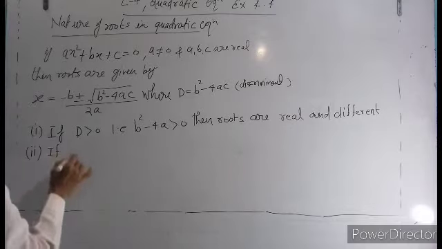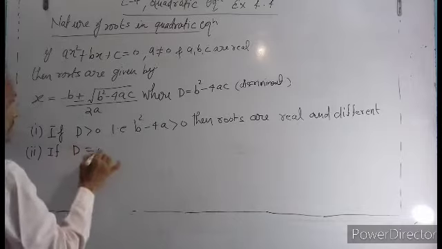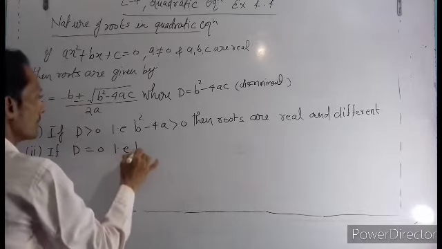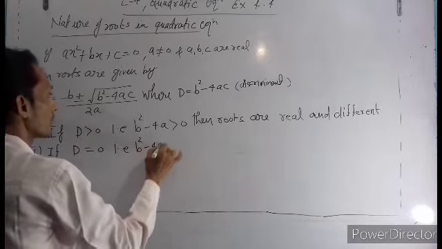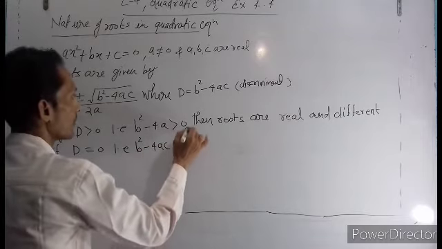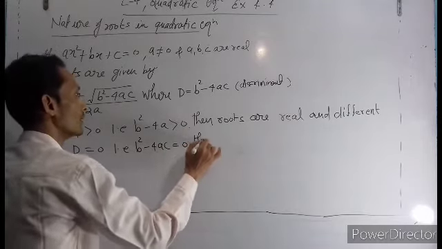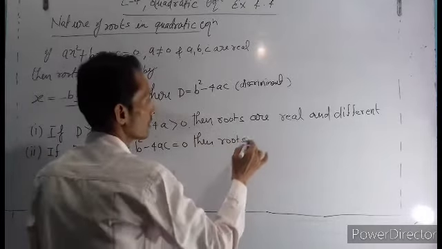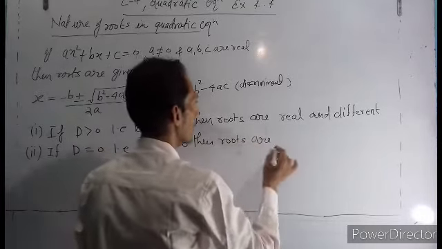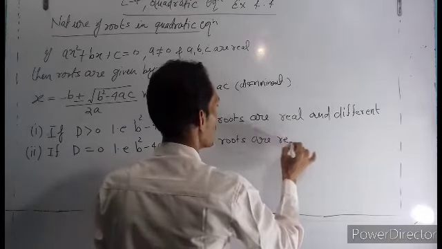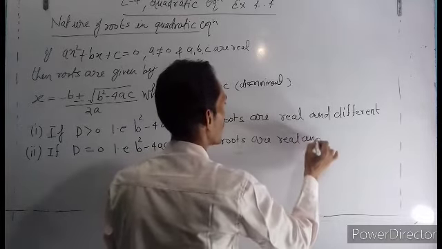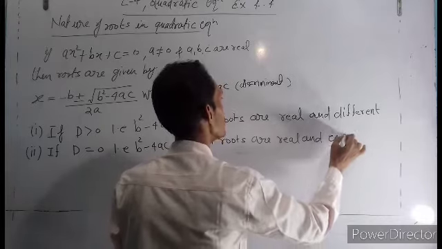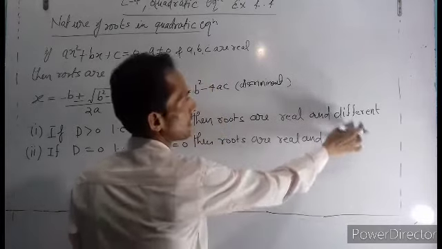Condition 2: if d equal to 0, b square minus 4ac equal to 0, then the roots are real and equal. Only this term is different.